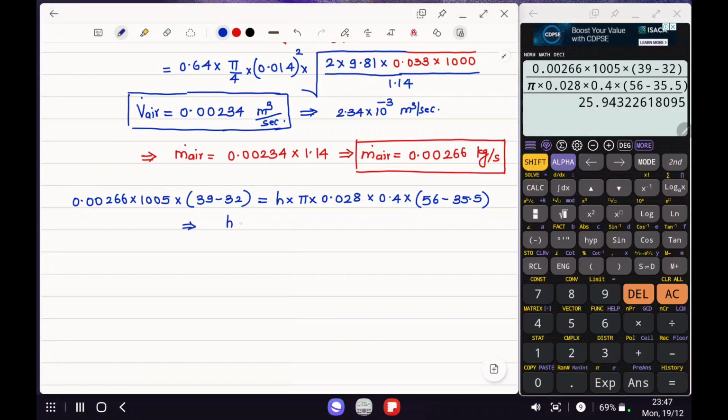So the value of the heat transfer coefficient obtained by the experimental method is 25.94. Its unit will be watt per meter square Kelvin.